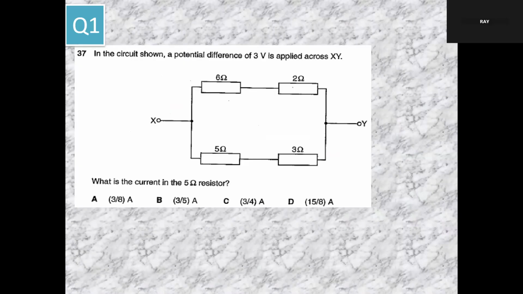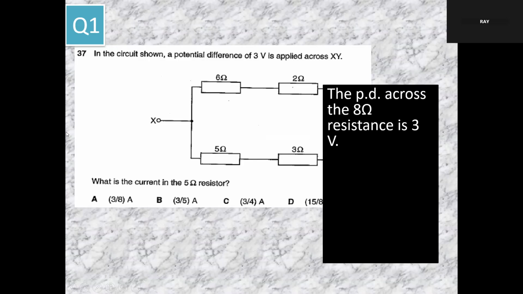Potential difference is 3 volt across XY. What's the current in the 5 ohm resistor? Just V divided by the total resistance.